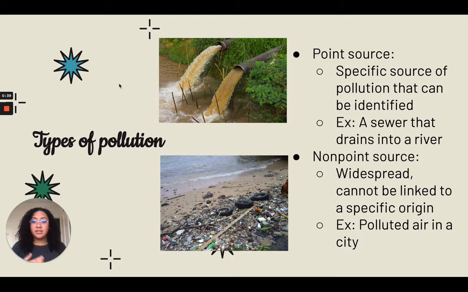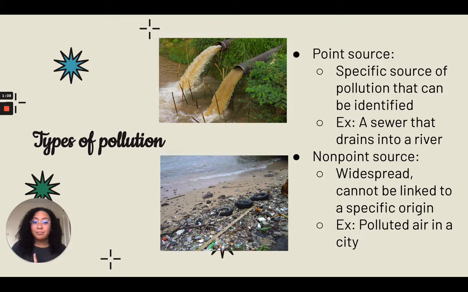Okay, so there's two types of pollution. There's point source pollution and non-point source pollution. So point source is a specific source that can be identified. So we could easily see that that source of pollution is from this certain spot. For example, that could be a sewer that drains into a river, or it could be a factory that's letting out harmful chemicals to the air.